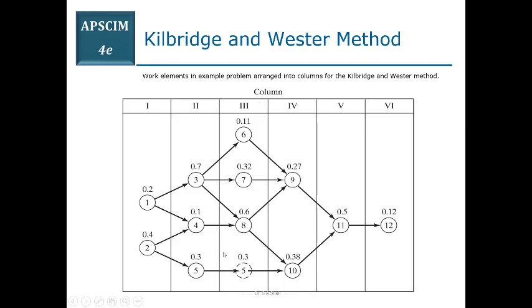But for example, if there is an element whose processing time is less than the fifth element in this respective column, then also your same result will come. But if in this column, for example, work element number 8 has 0.6 time units, and this one has 0.3 time units, so definitely then maybe work element number 8 comes in that listing before work element number 5.